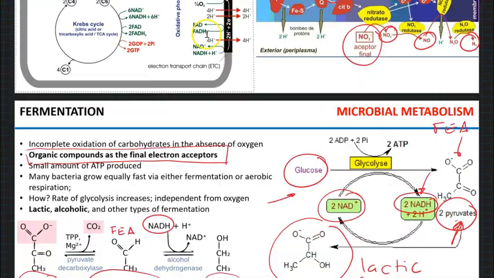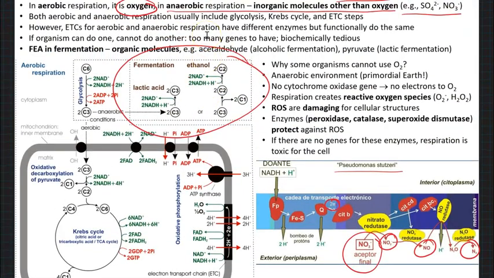I'm going to very quickly go back and highlight this. When organisms respire, they produce free radicals or reactive oxygen species. One of them is hydrogen peroxide. What do you use hydrogen peroxide for at home?